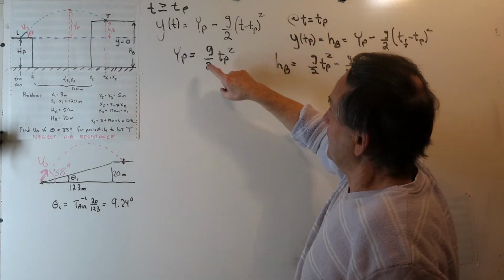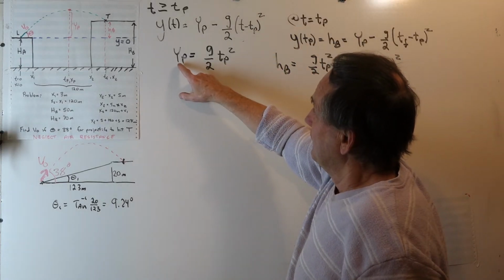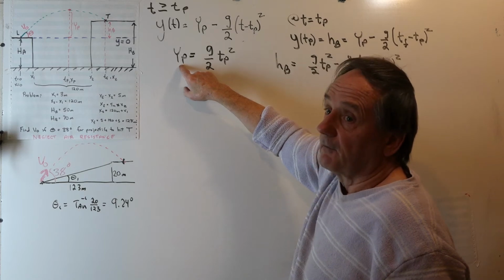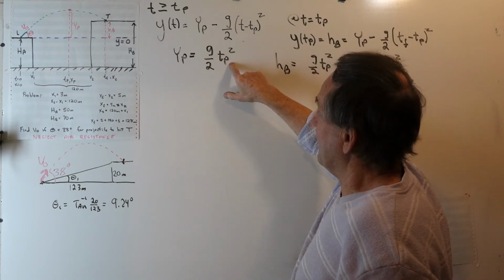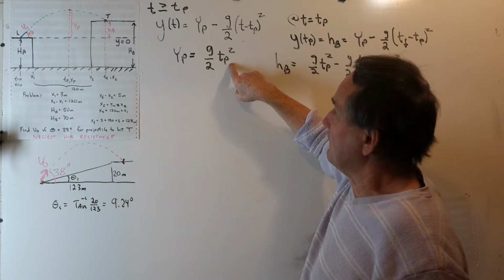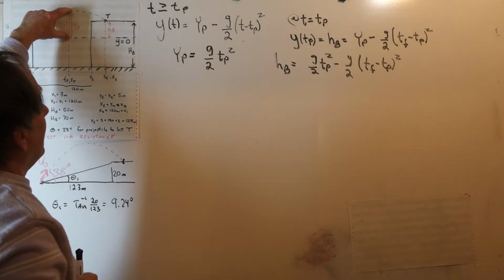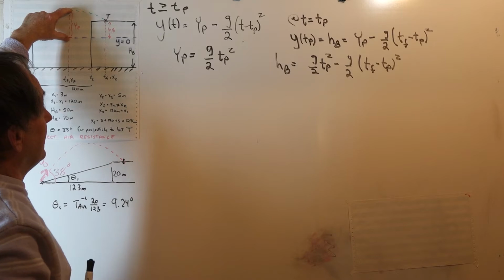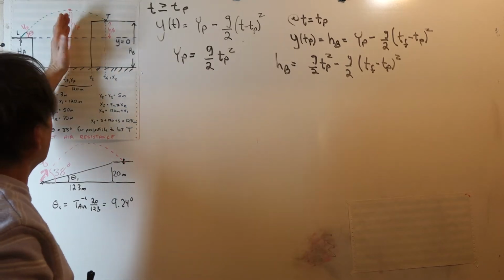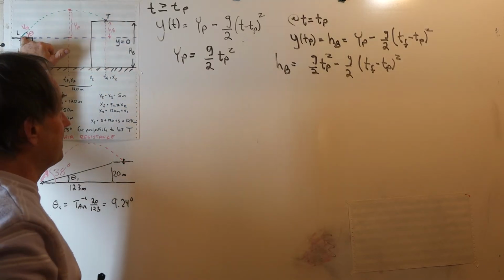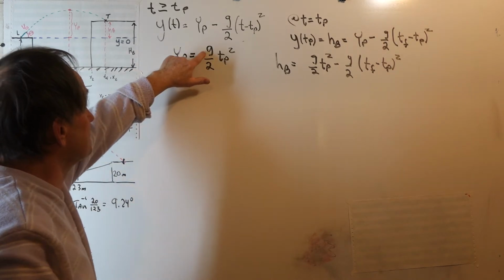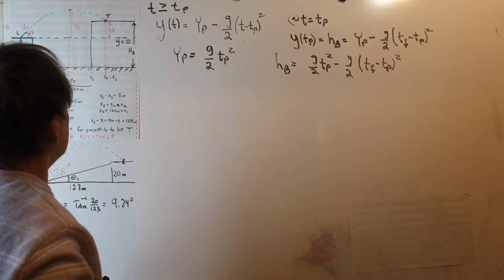Now we have a relationship between the peak vertical height and the time that it takes to reach that peak vertical height. That is, the vertical height at the peak is related to the time to get there from the initial shot of the projectile by y peak is g over 2 times t peak squared.